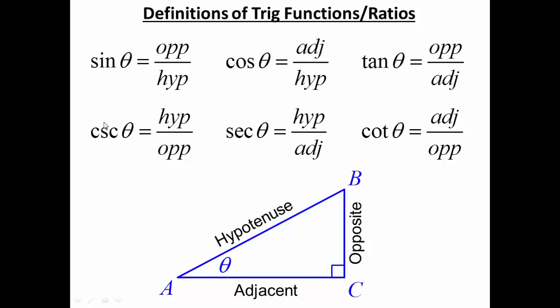Unfortunately, we don't have as memorable a mnemonic device for cosecant, secant, and cotangent. I've attempted to come up with one, CHO-SHAKOW, but I don't think it really works all that well. The way I remember things is that no two cofunctions go together, so it's not cosecant and cosine, it's cosecant and sine.